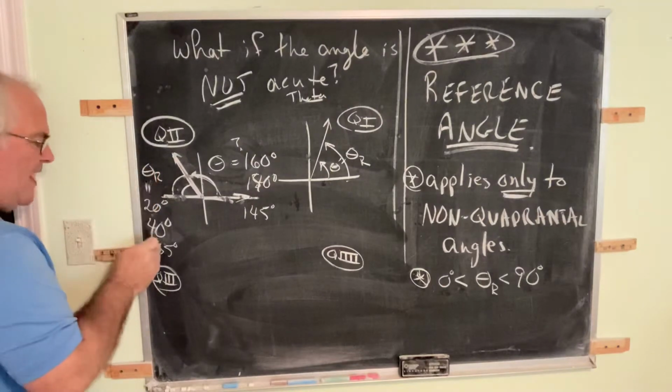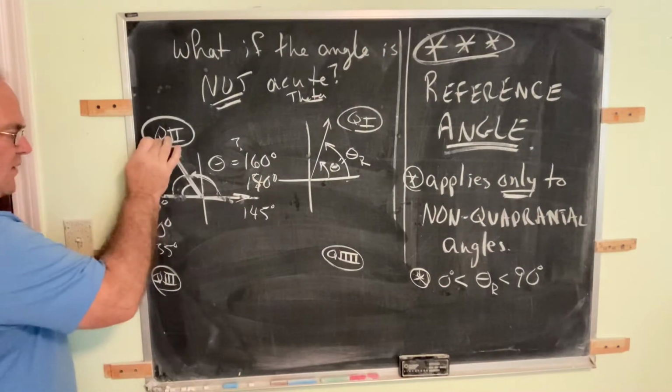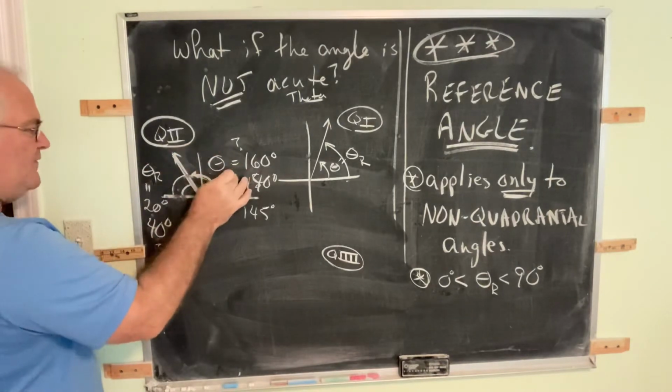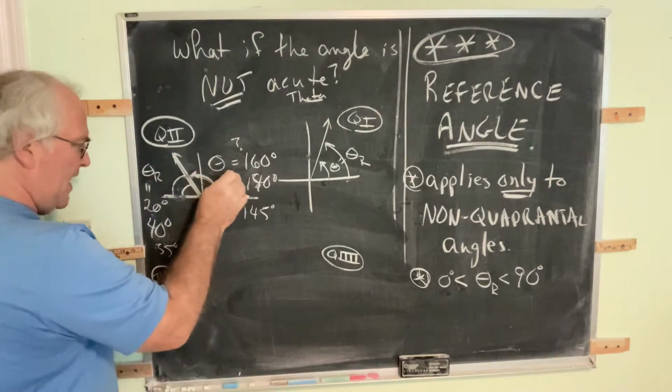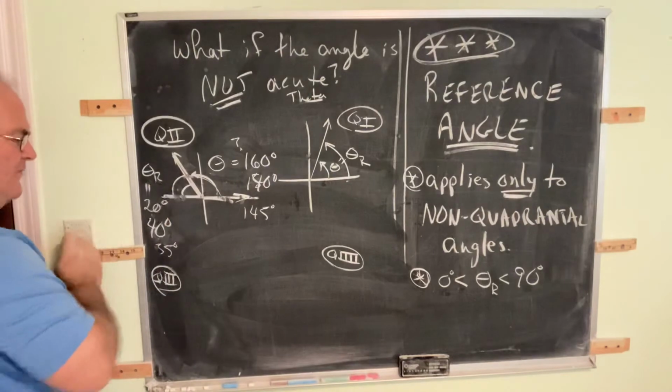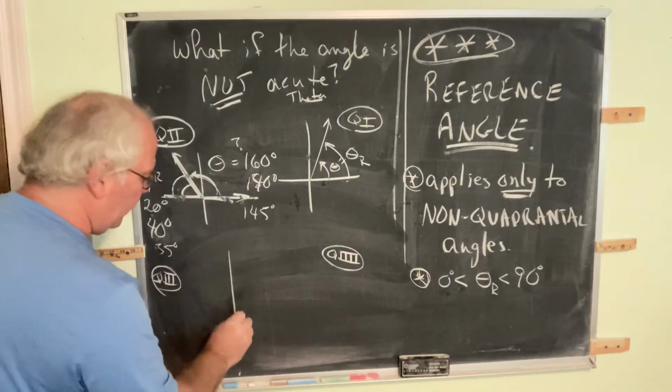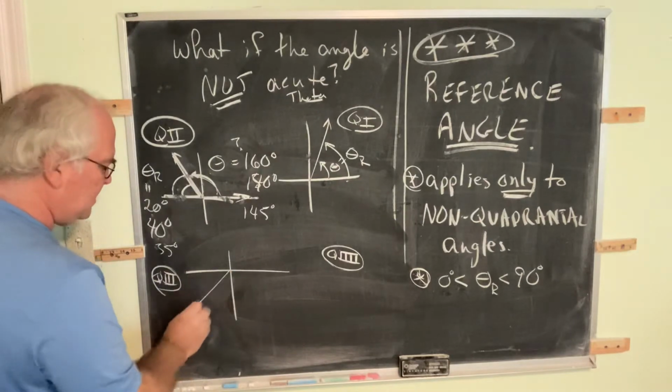So given any value of theta reference, if you know the quadrant, you should be able to find the value of theta. And given any value of theta, you should be able to find the theta reference. All right? Quadrant 3, how does it work in quadrant 3? Suppose this is my angle.